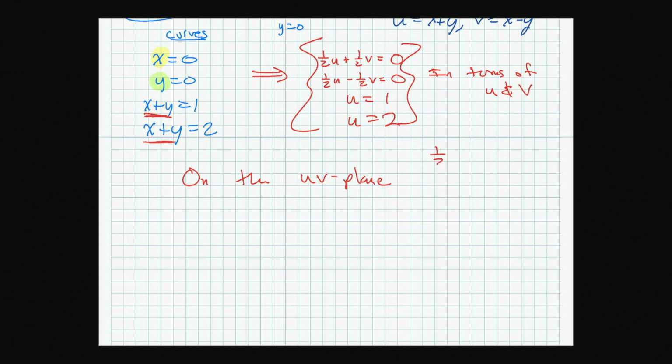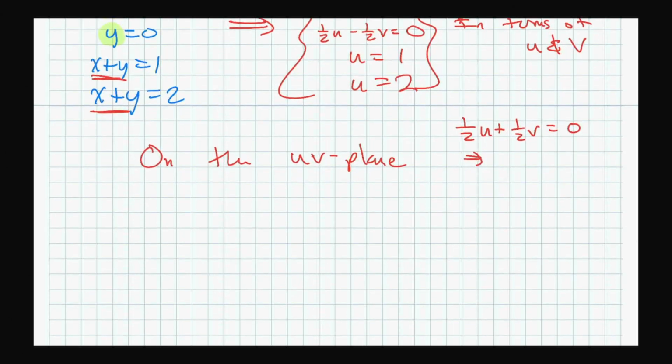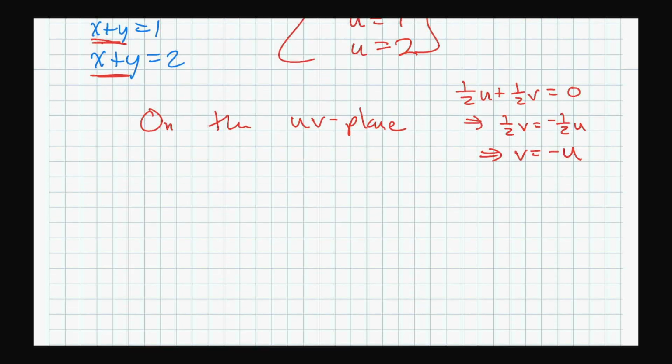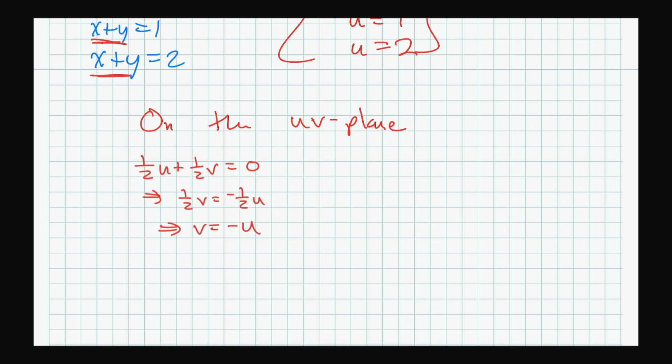If you have 1/2 u plus 1/2 v equals 0, that's the equation of a line. If you solve that for v, it would be 1/2 v equals negative 1/2 u, or v equals negative u.